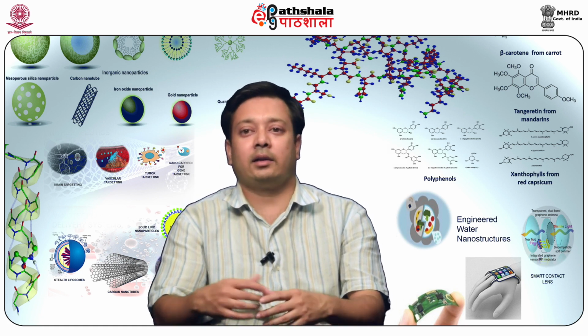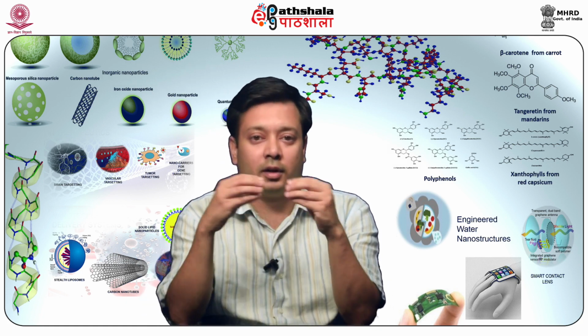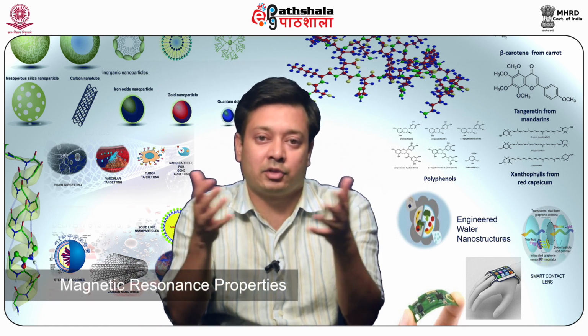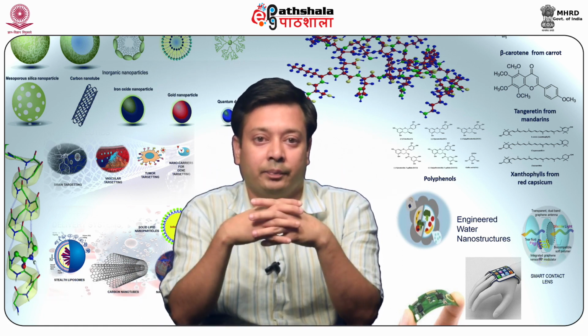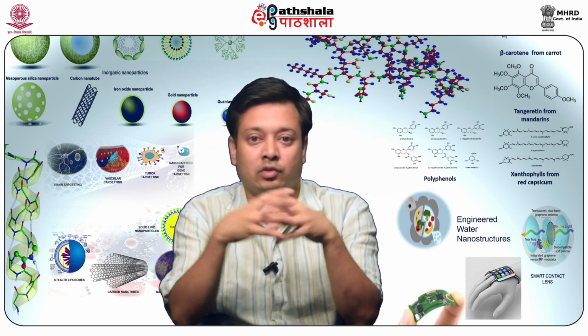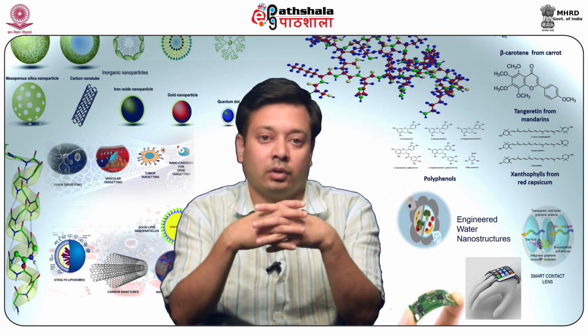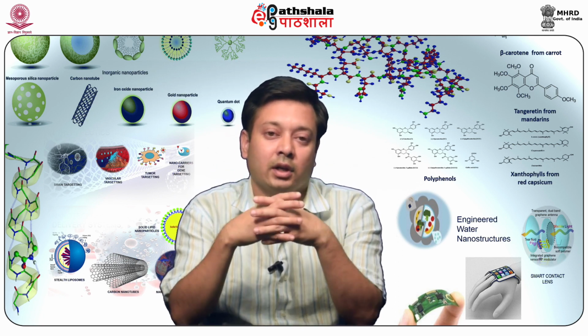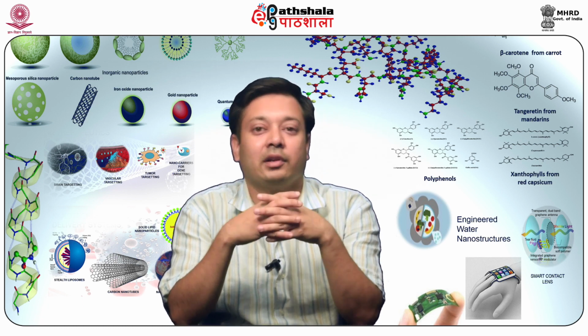Other than that, it can also be used for improved magnetic resonance property. You can also have MRI contrasting agents, a higher generation of MRI contrasting agent, if you are using this hybrid material.